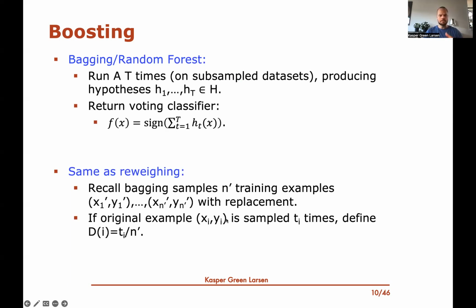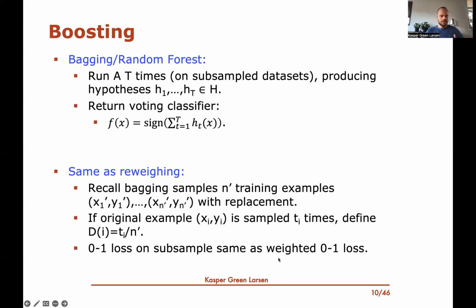Now, one can actually come up with a way to just think of this as training on a reweighted data set. The intuition is just, if I have an original training example xi, yi, and I sample it ti times, I could have also defined a probability distribution where I put a weight of ti over n prime mass on that one point. And if it's not sampled at all, it'll get a weight of 0. And if it's sampled multiple times, it'll get a higher weight.